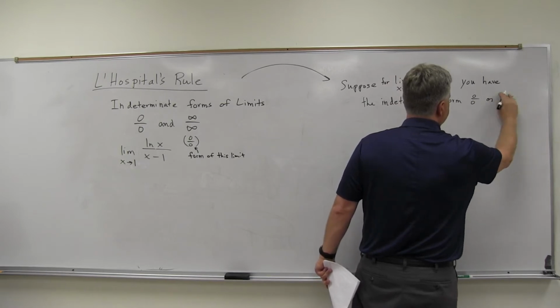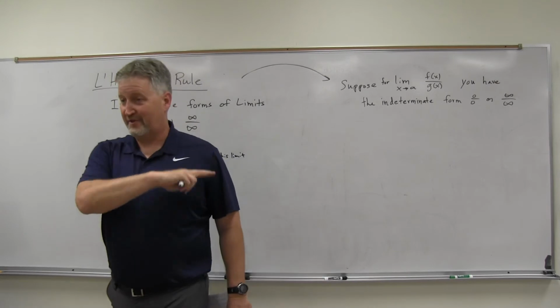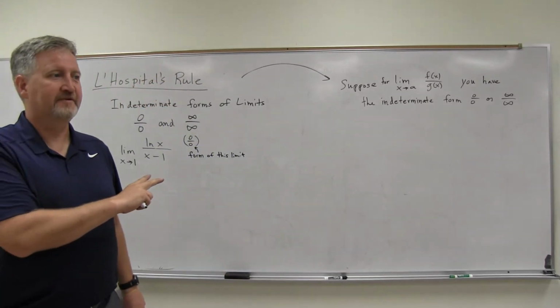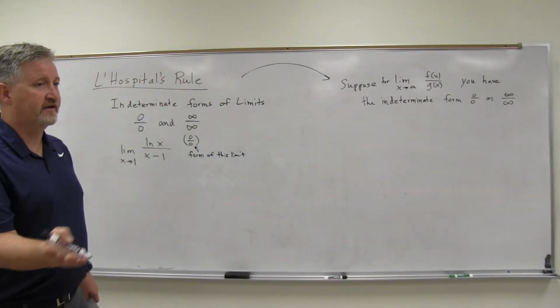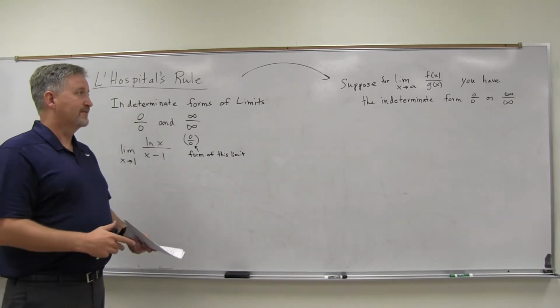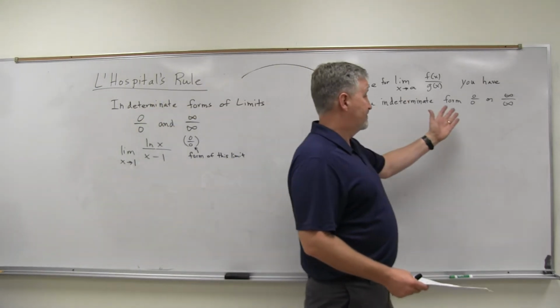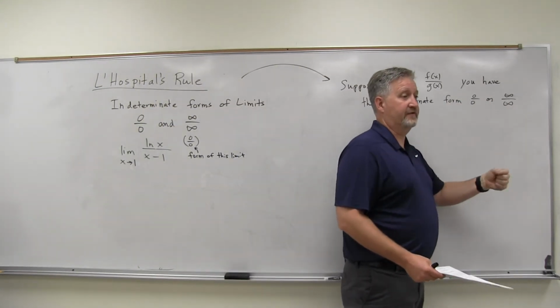What that says is you can only use this rule with those forms. You can't use it for anything else. If it's not indeterminate, of course, you wouldn't have to use anything else, but not all limits are 0 over 0 or infinity over infinity.